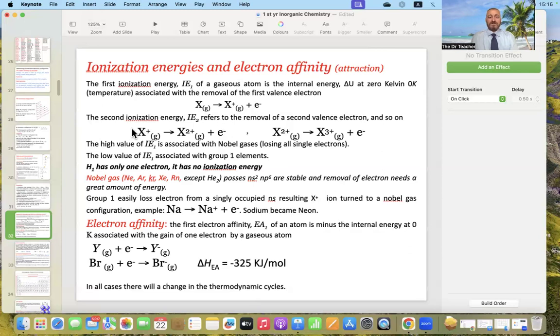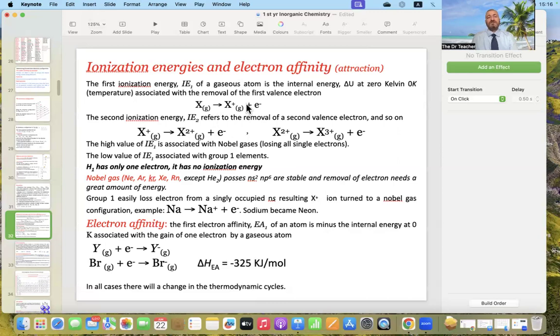For the second ionization energy, you take the second electron. If we start with the gas plus and take another electron, it becomes +2, meaning it lost 2 electrons.